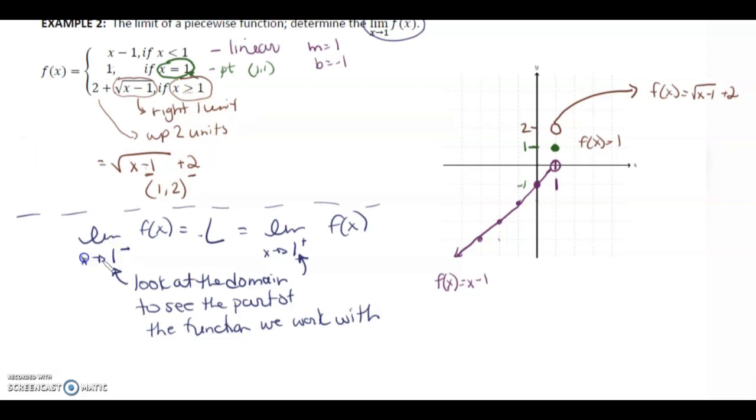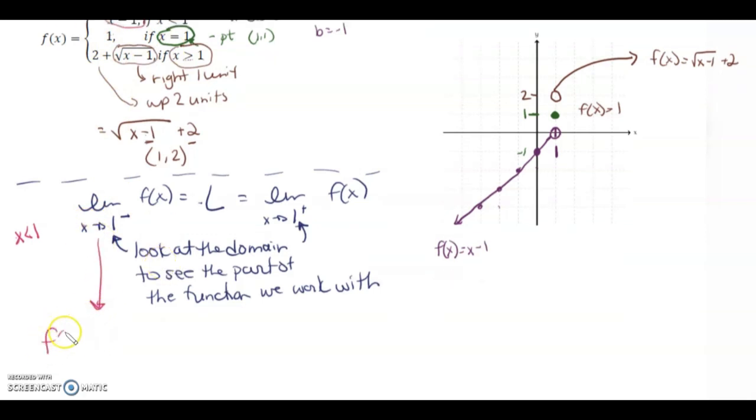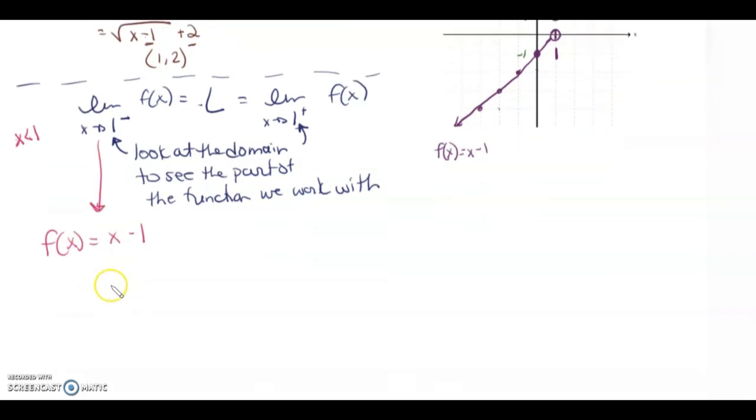So as x approaches 1 from the negative side, I'm thinking when x is less than 1. So let's go up here. I'm going to locate that. The part of the function that we're dealing with for this one is f at x equals x minus 1. So what we'll do is the limit as x approaches 1 from the negative side of x minus 1, right?